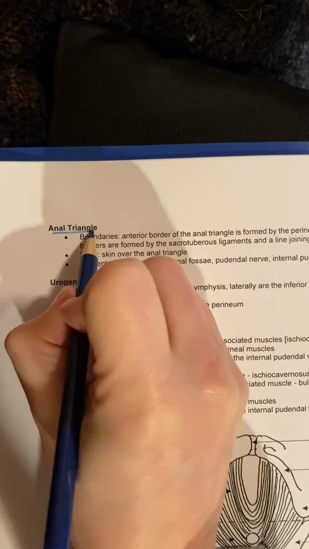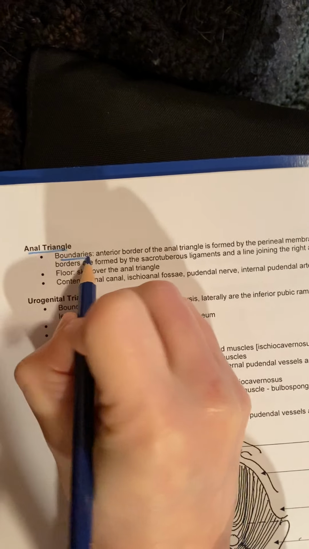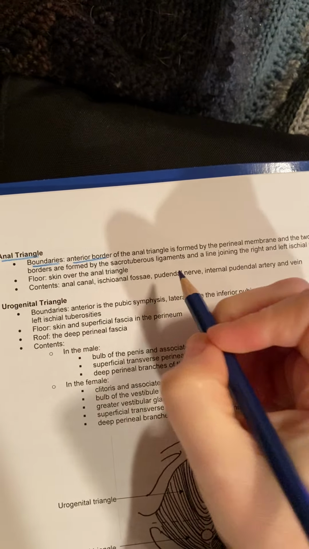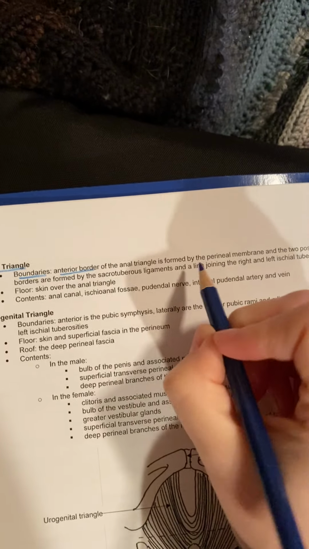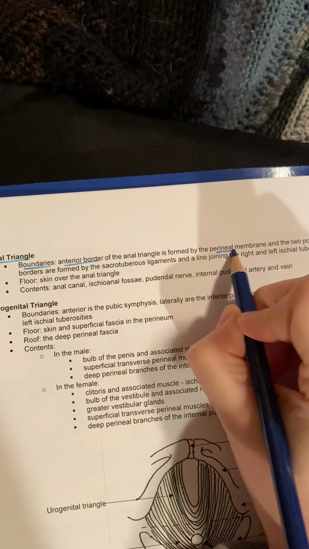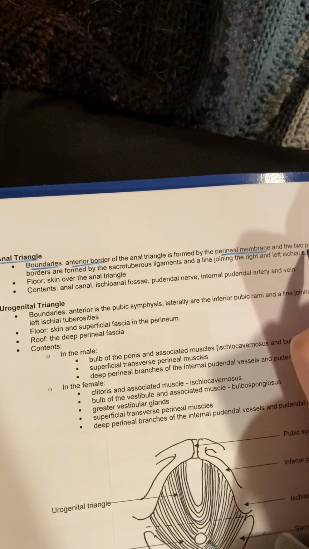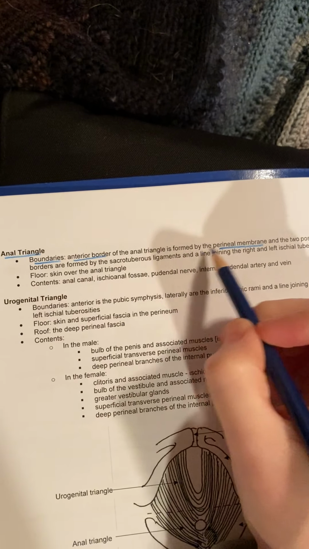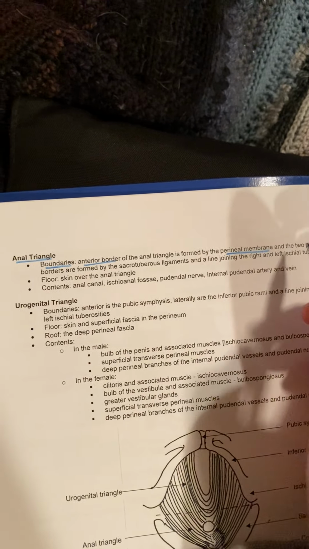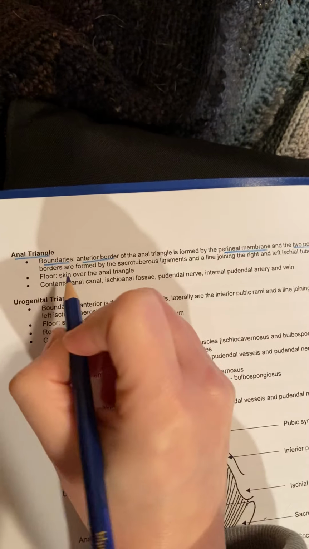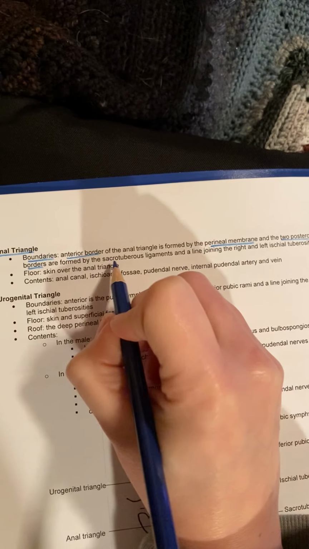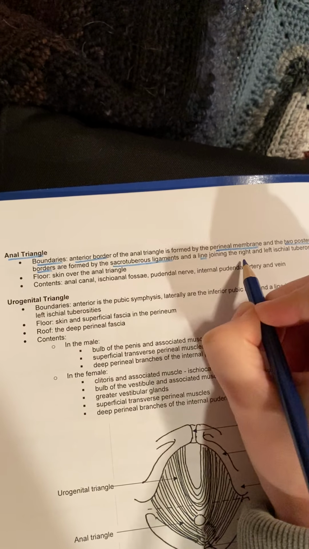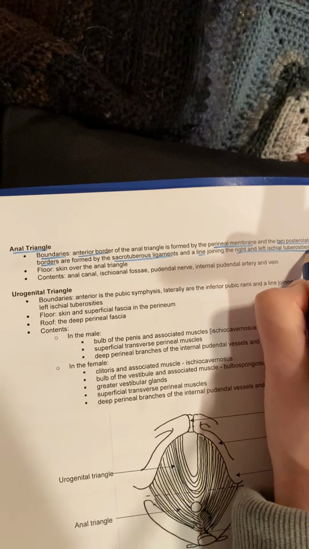Anal triangle. The boundaries. They wrote this a little differently. So let's see. The anterior border of the anal triangle is formed by the perineal membrane, and two posterolateral borders are formed by the sacrotuberous ligaments and a line joining right and left ischial tuberosities.